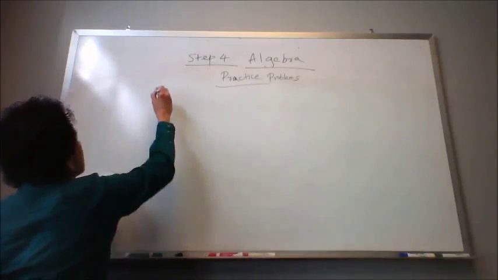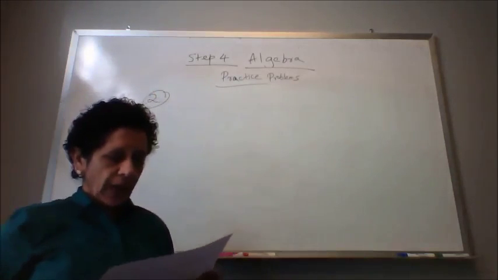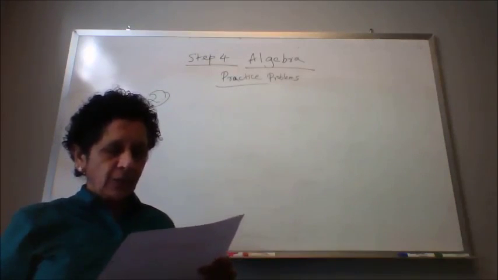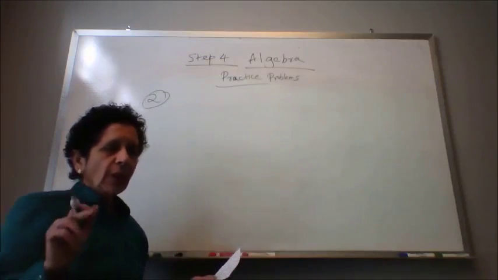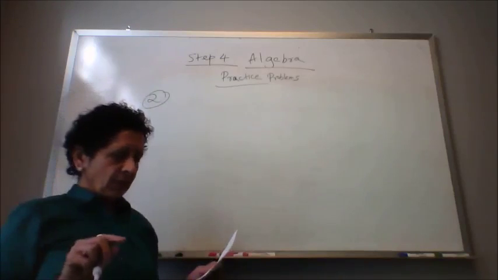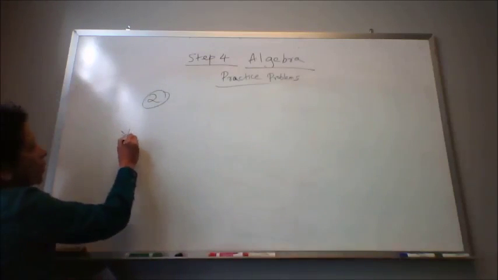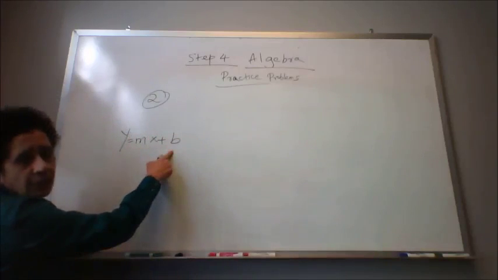Okay, so the second problem says, what is the equation of a line with a slope of minus 3 that passes through the point (3, 5)? You need to remember, we did two types of equations. One is the standard form, y equals mx plus b, where m is the slope, b is the intercept.